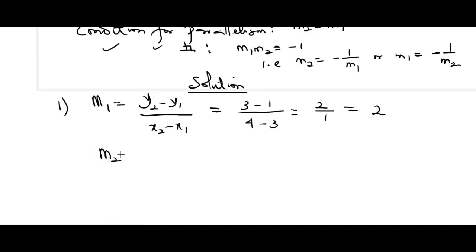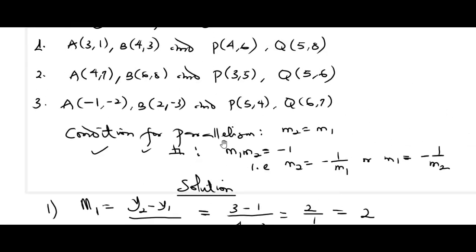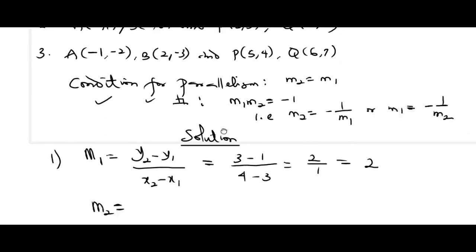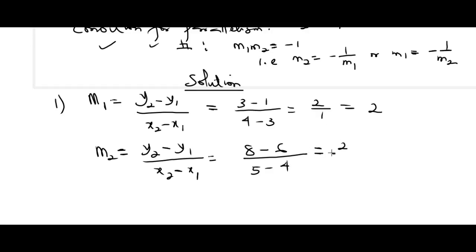Then M2, that's the slope of PQ. You need to find the slope of PQ. So we use the same formula, y2 minus y1 over x2 minus x1. y2 is 8, y1 is 6, x2 is 5, and x1 is 4. 8 minus 6 is 2, 5 minus 4 is 1.